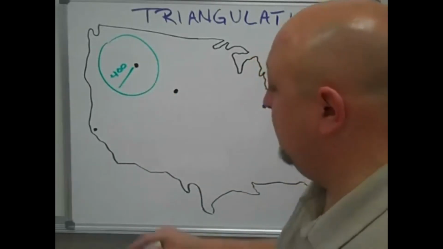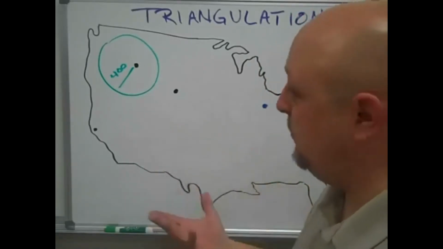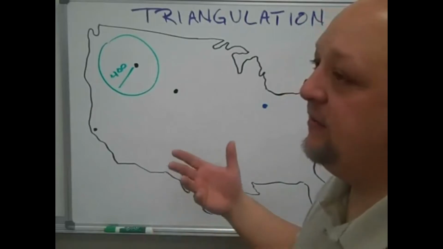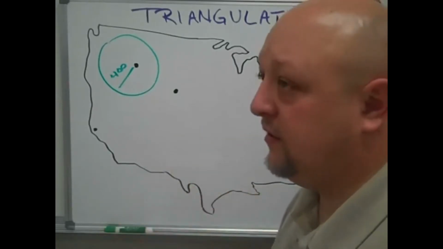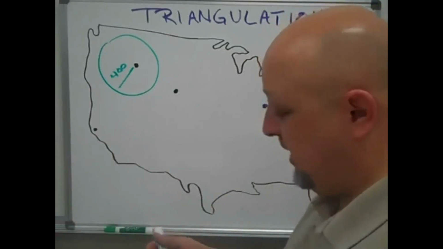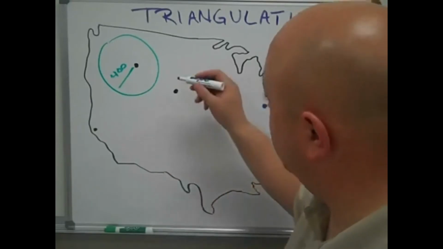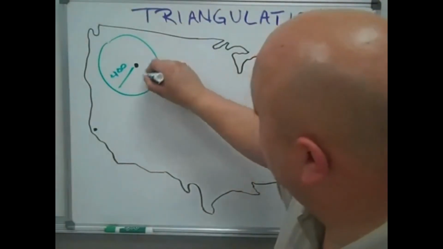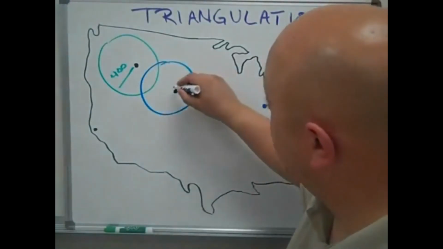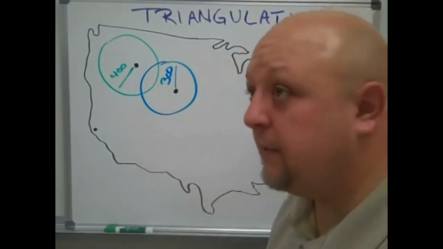And let's say that this seismic station over here in Colorado registered the earthquake, and the distance is determined based on the arrival of P and the arrival of S, and they came up with, let's say, a 300-mile distance. So we're going to draw a circle around this one with a radius of 300 miles. Yes, I know my circles are not perfect. Deal with it.